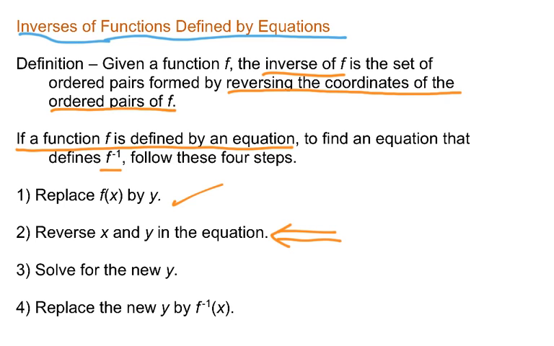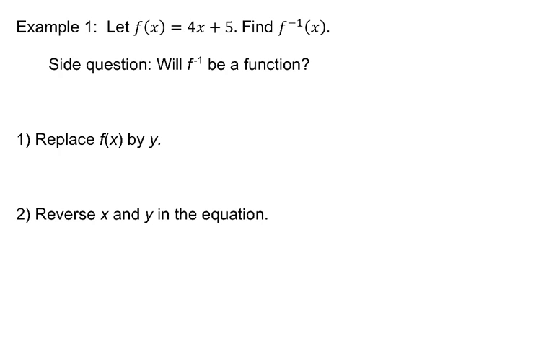Now the rest of this turns out to be cosmetic. We solve the new equation for y, and then because the equation was given in function notation, we'd like the inverse to be given in function notation as well. But we're no longer looking at the original function, we're looking at its inverse. So we replace the new y by f inverse of x. Let's see how we apply those 4 steps for a few specific examples.